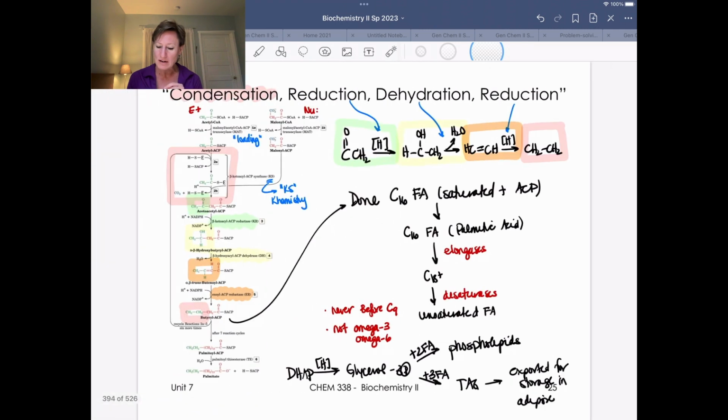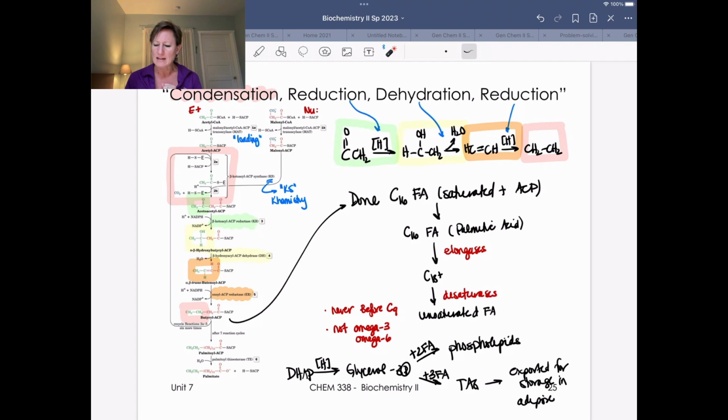Okay, so just as a reminder, there's another video that walks through the details of the chemistry that happens. That video looks at loading our electrophiles and nucleophiles on fatty acid synthase, doing chemistry in the Ks domain, and then dipping into our other domains on fatty acid synthase to do our reduction, dehydration, reduction, finally cleaving off our finished fatty acid from fatty acid synthase, and then doing any modifications as necessary to make them longer, introduce units of unsaturation, and so forth.